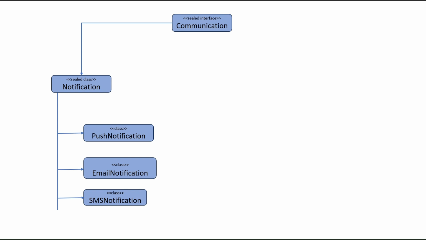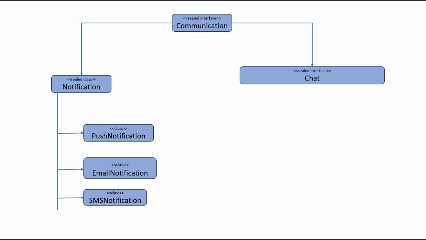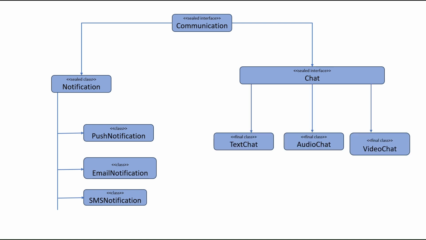On the top of the hierarchy, we have the communication interface, and the notification class is going to implement this interface. Then we have another interface named chat, and this interface is going to extend the communication interface. And the chat interface is going to have three implementation classes.